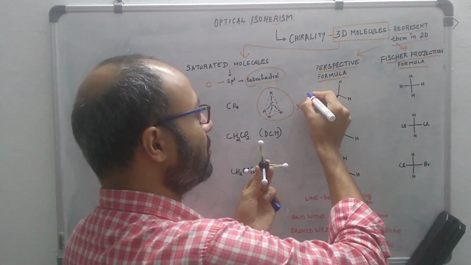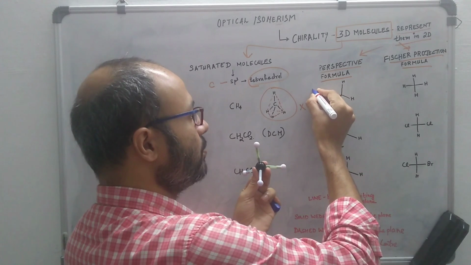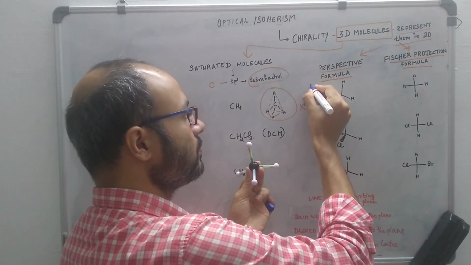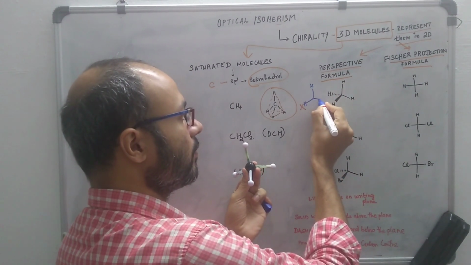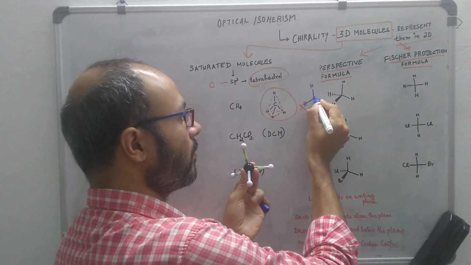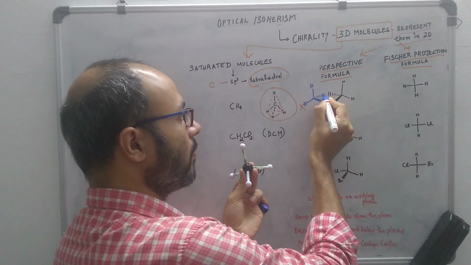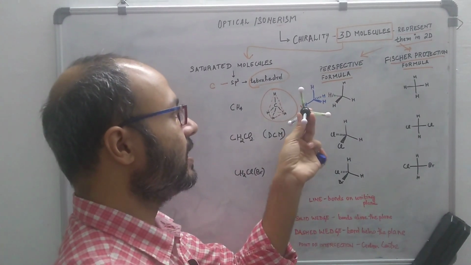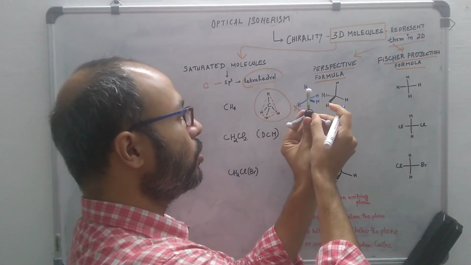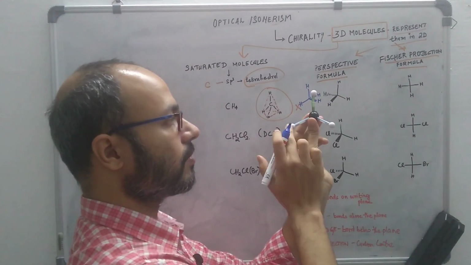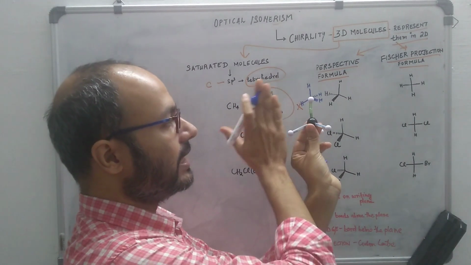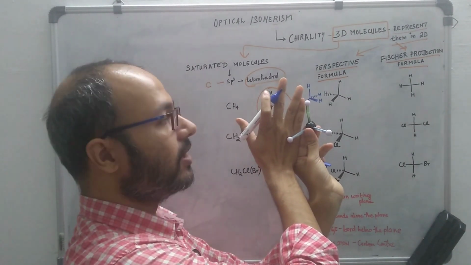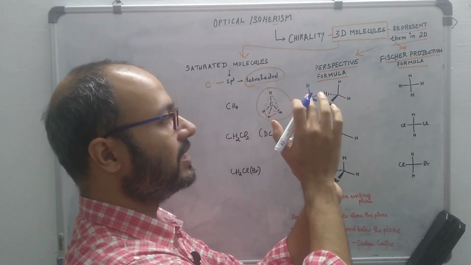Same thing I can represent in another fashion. If you see this, now how you can view it: the 2 hydrogens here are on the writing plane. Suppose this is the plane of writing, my hands. On this writing plane I have these 2 CH bonds.